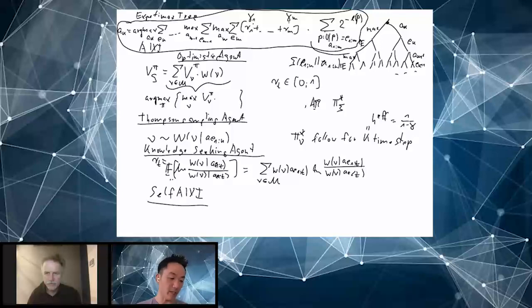These variants that you wrote down were different ways of trying to learn the environment by using other strategies, let's say. The learning of the environment was the same. The learning is always our Bayes rule. But how to choose the actions was a little bit different. IXE chooses the Bayes optimal action, Thompson sampling chooses the Thompson sampling action, and the knowledge-seeking agent is exactly IXE, but chooses a reward function for you.